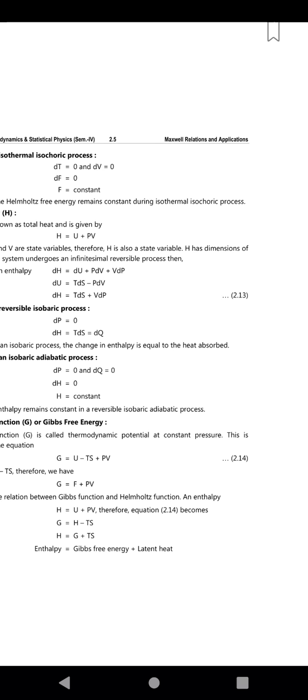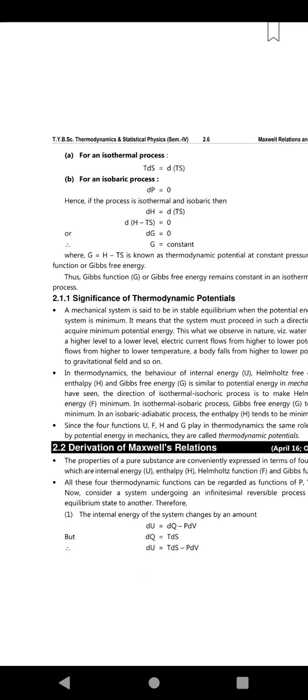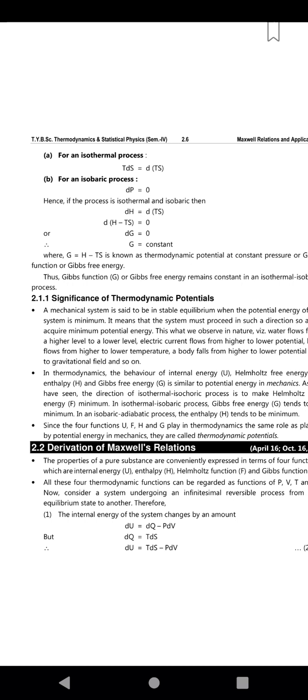Now we have the equation G equal to F plus PV. Therefore, for an isothermal process, आयसोथर्मल प्रोसेसमध्ये काय टेम्परेचर कॉन्स्टंट असते, म्हणजेच TdS can be written as d(TS). And for an isobaric process dP equal to 0. Therefore dH equal to TdS. Therefore d(H minus TS) equal to 0.